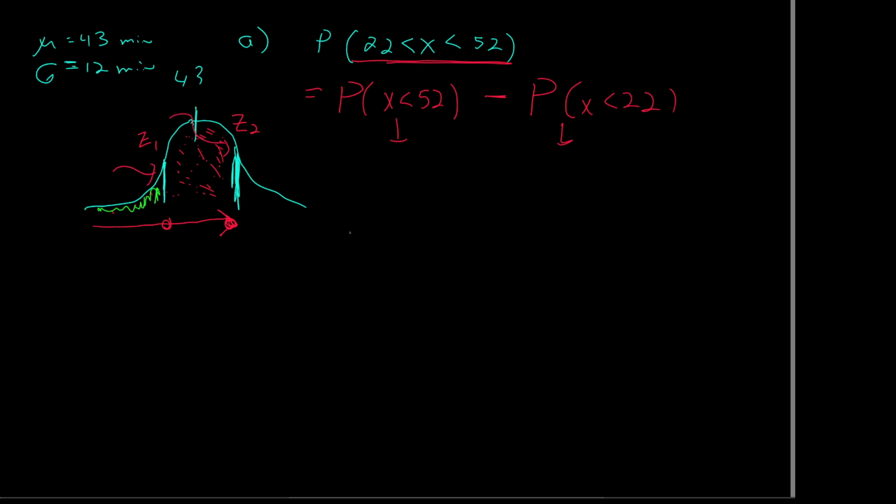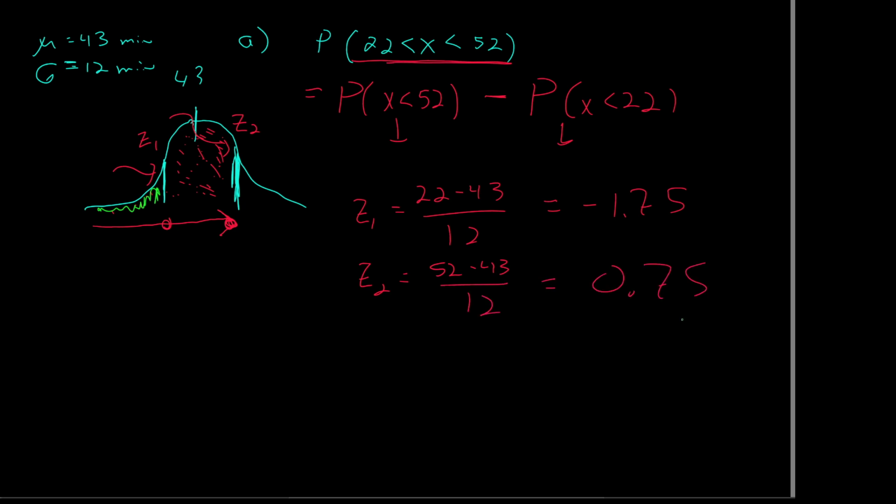Then z1 is 22 minus 43 over 12, which is negative 1.75. And z2 is 52 minus 43 over 12, which is 0.75. And what we want to do is convert that z-score into a probability.